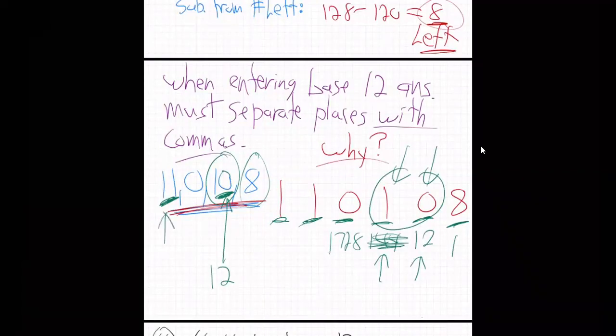And this whole 11 is the, whatever it is, the 1728's place, not the 1 and the 1 in separate places, right? So that's why you have to use commas in base 12, because you can have two digits in a single place. And so you have to use commas to make it clear where you're separating place from place.